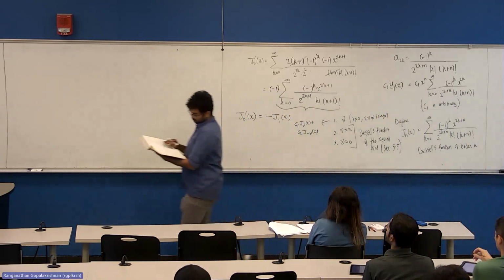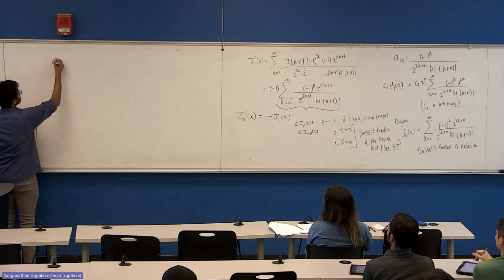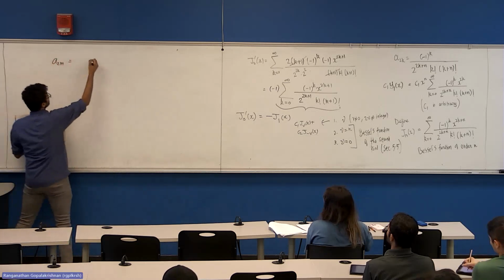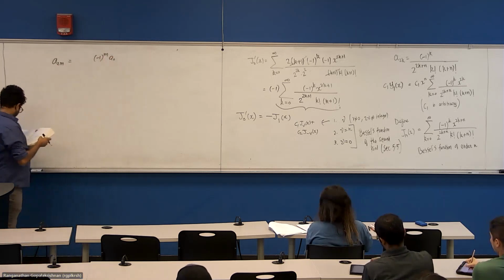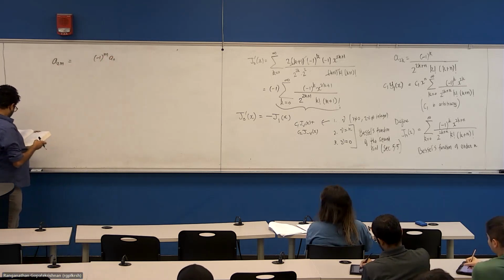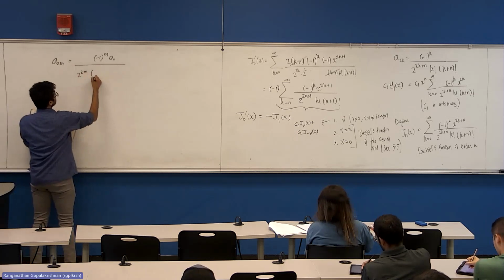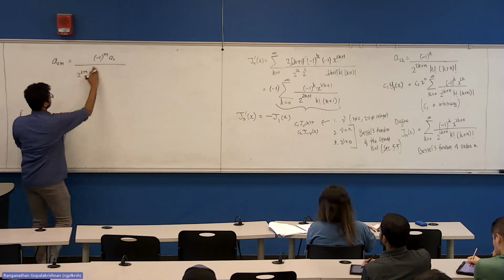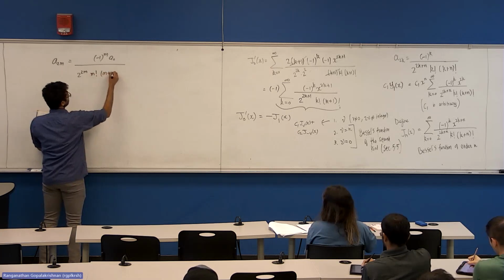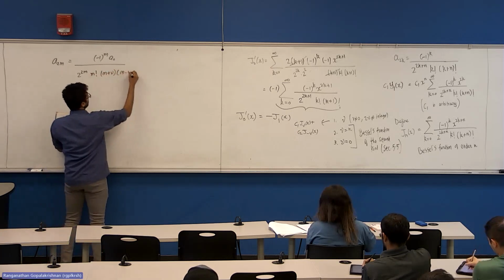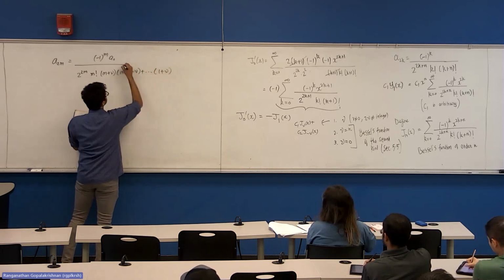So when we derived the solution, we had a_2m equals minus 1 power m a naught divided by 2 power 2m times m factorial times (m plus nu)(m minus 1 plus nu) and so on up to (1 plus nu).